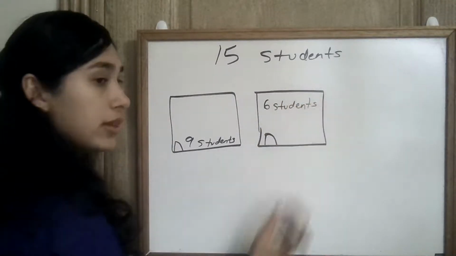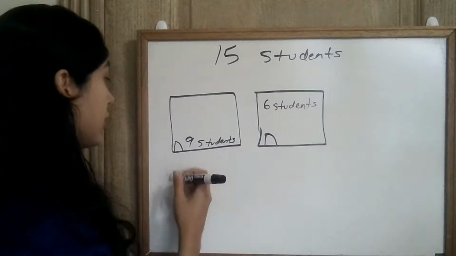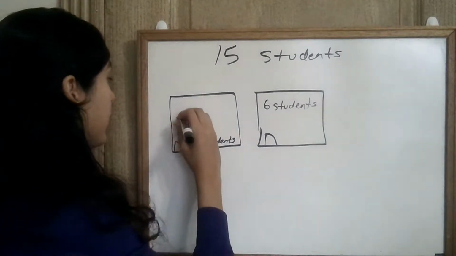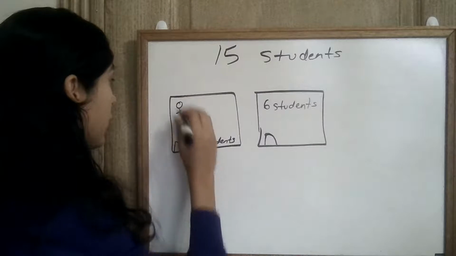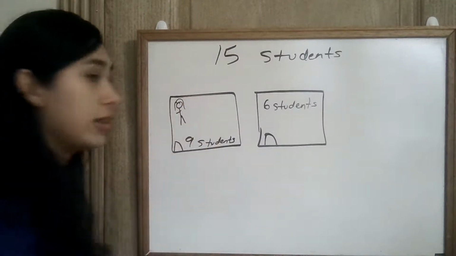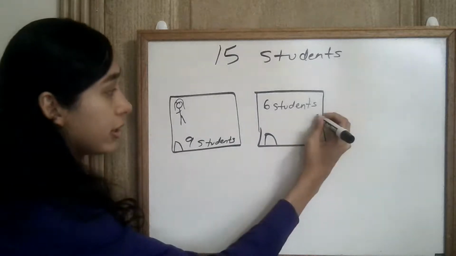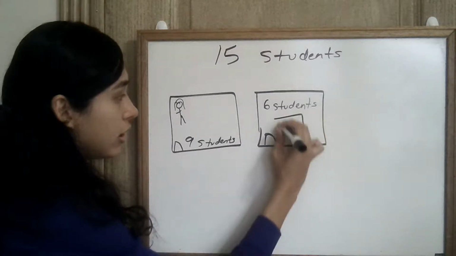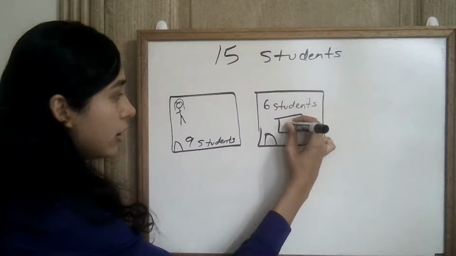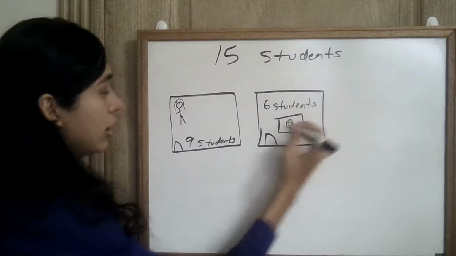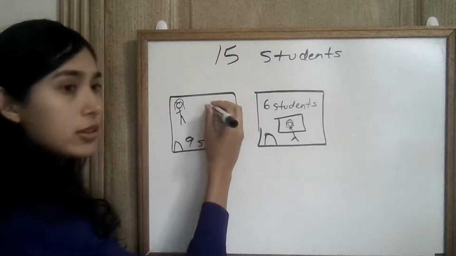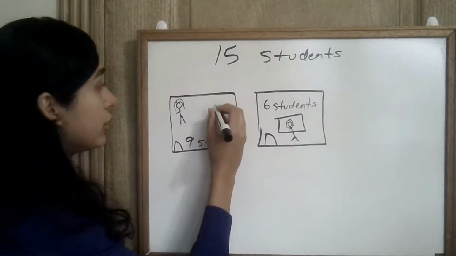Since these classes are normally 2 hours, what they're suggesting is for me to be here lecturing to these 9 students, and maybe have a projector right here. I have a little camera right here. Camera symbol. What does it look like?